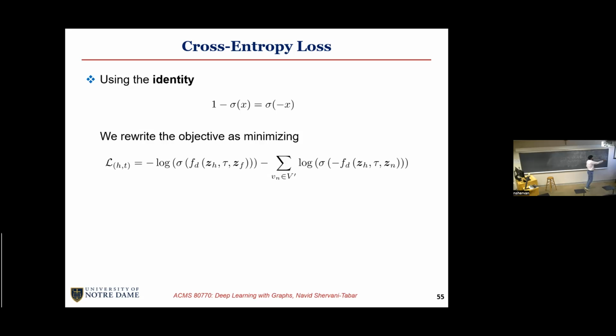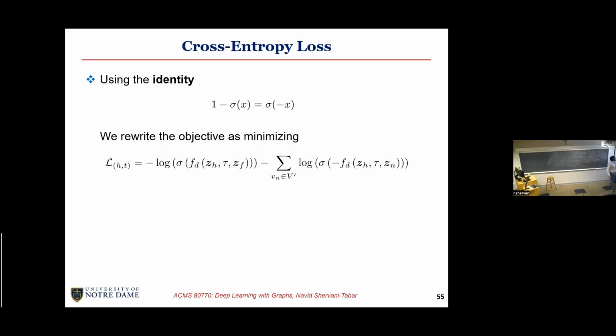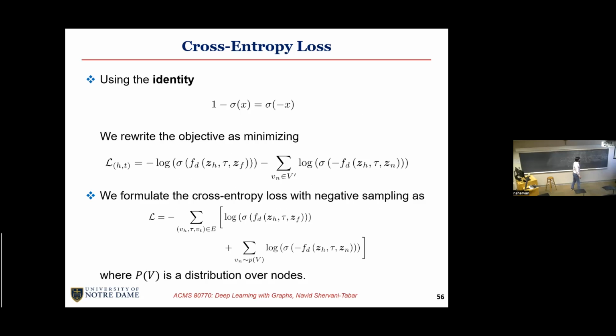So I can plug this identity into this equation, in the log of the sum, and then I can rewrite that as log of sigmoid of the negative of the score given by my decoder, right?